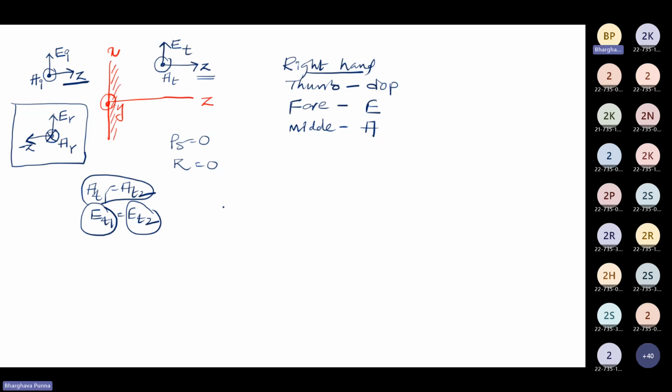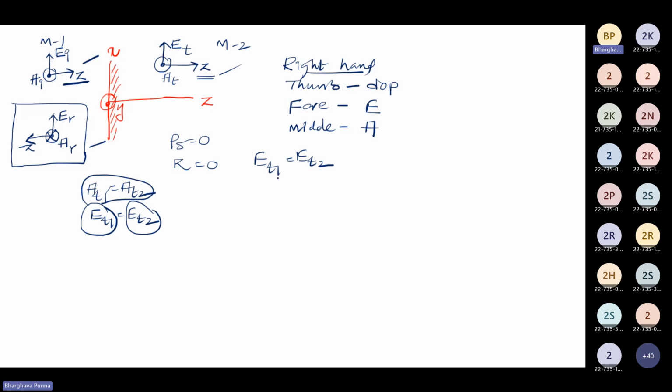In medium one, we observe two waves: one is the incident wave, the second is the reflected wave. But in medium 2, we have only one wave, the transmitted wave. So there is no problem here. First of all, I want to apply this boundary condition, ET1 is equal to ET2. This one refers to medium 1.